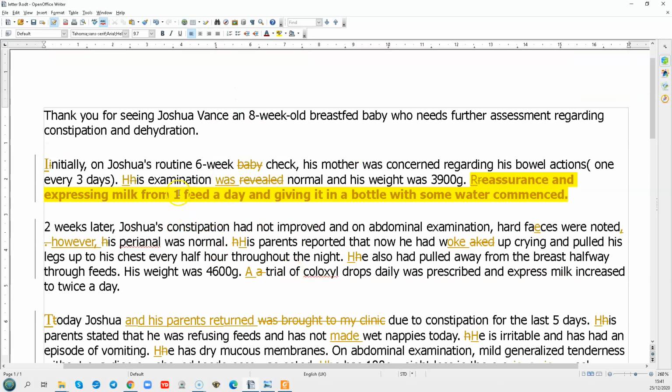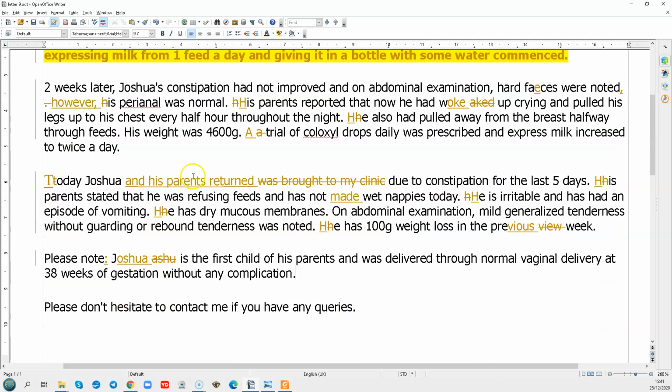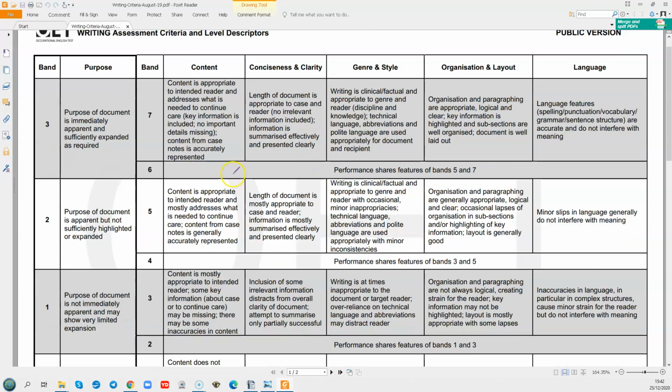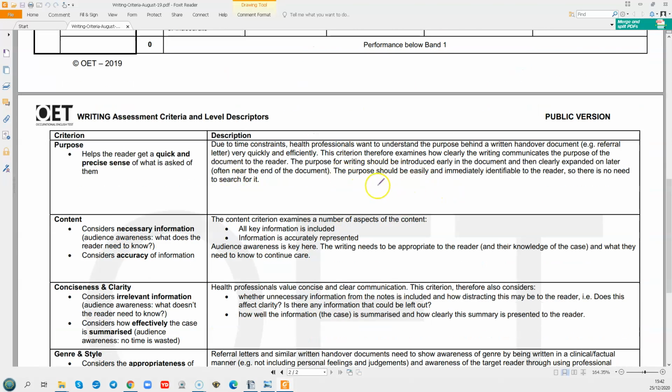Okay, then run us through the chronology. 6-week check, constipation, okay. Now, you're supposed to restate your purpose at the bottom, as the criteria says. If you see, as I said, any of the samples, it usually has, review the above, blah, blah, blah, I would appreciate if you could, thank you for doing.